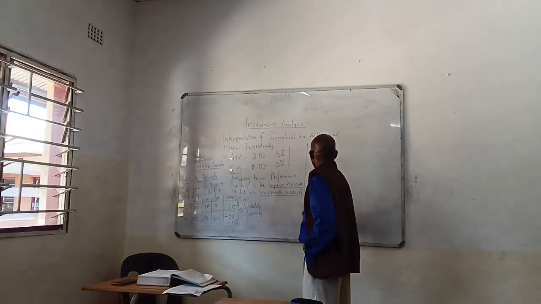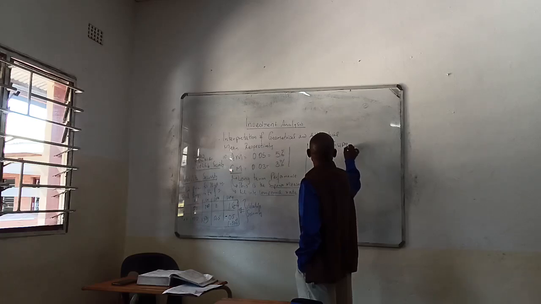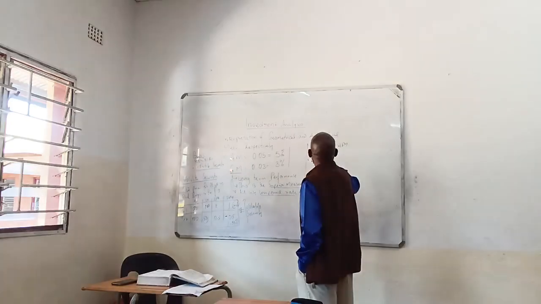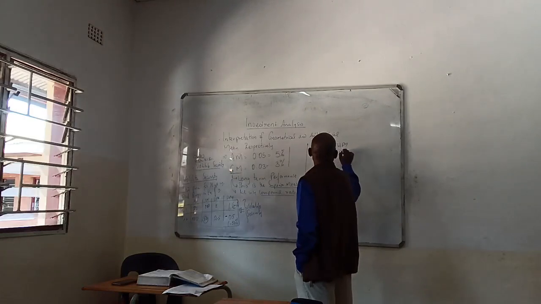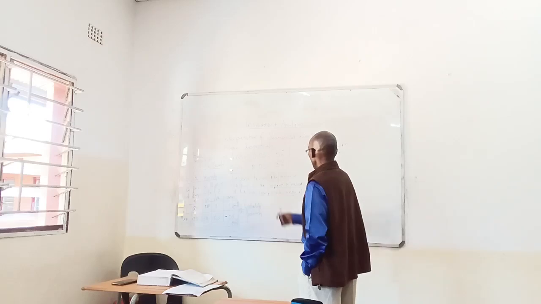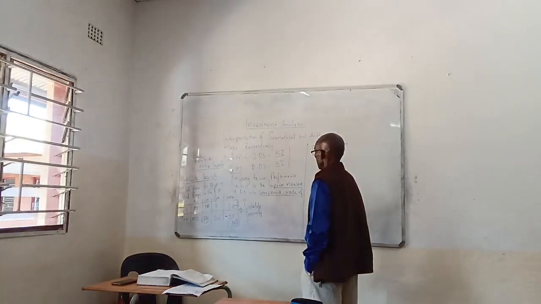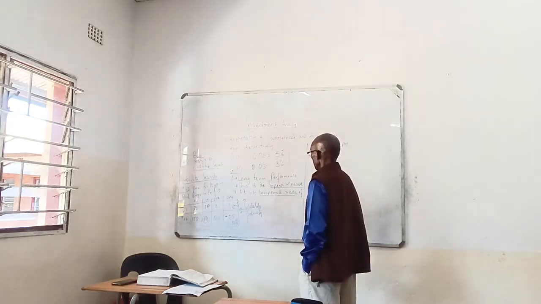What's the formula for AM? Summation of HPY divided by N. So let's find the HPYs.